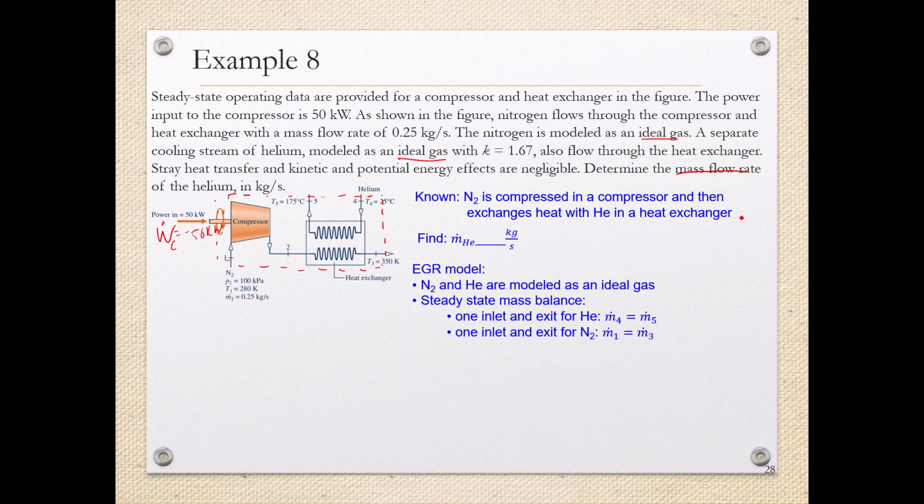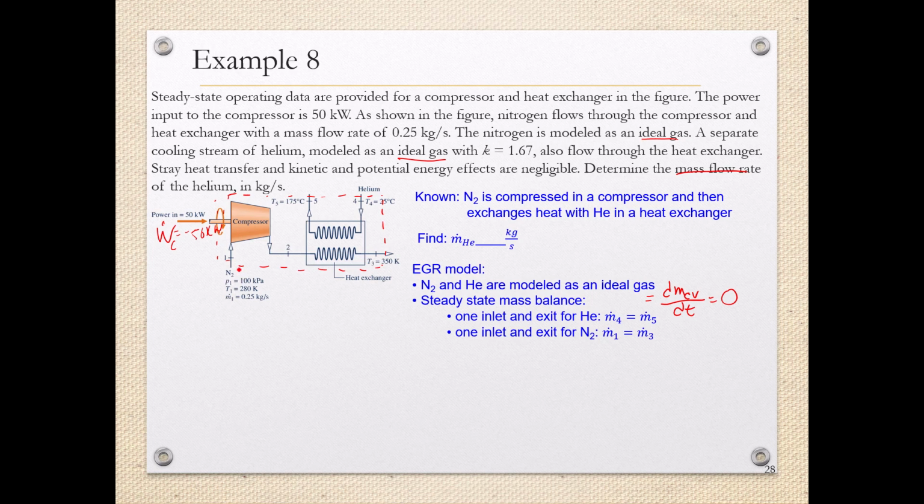And so our mass balance, recall, is dm_cv over dt. At steady state, that is equal to 0, right? And because our two gases don't interact at all, we have two separate streams.